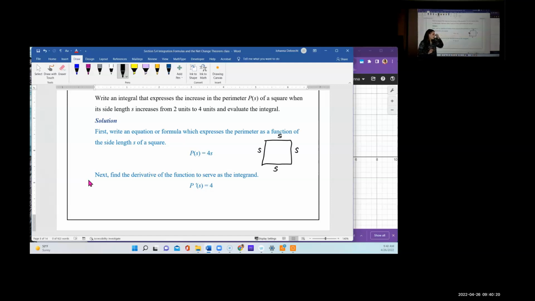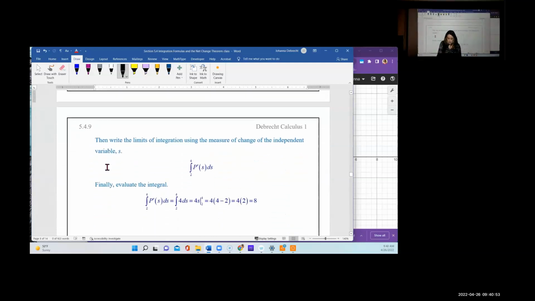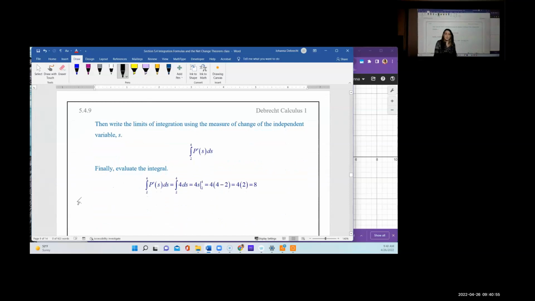Now, in order to integrate, we have to have the derivative of the function for the integrand. So we take the derivative of 4s with respect to s. So this gives us the derivative with respect to s of 4s, which is equal to 4. And that means that p prime of s is 4. So again, we're taking the derivative of the perimeter function to serve as the integrand. And what we're going to do then is allow our limits of integration to represent the change in the side length s.